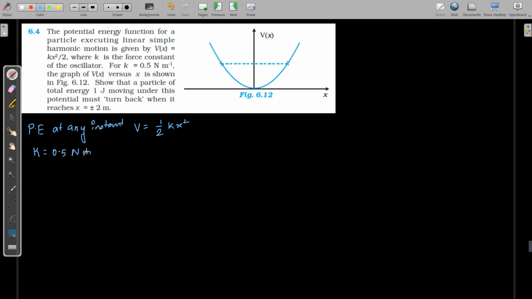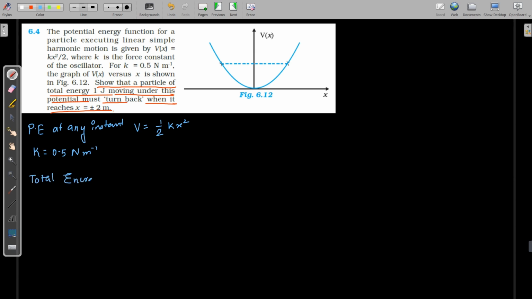Newton per meter. Now they have asked, show that a particle of total energy 1 joule moving under this potential must turn back when it reaches x equal to plus minus 2. So what is the total energy given?